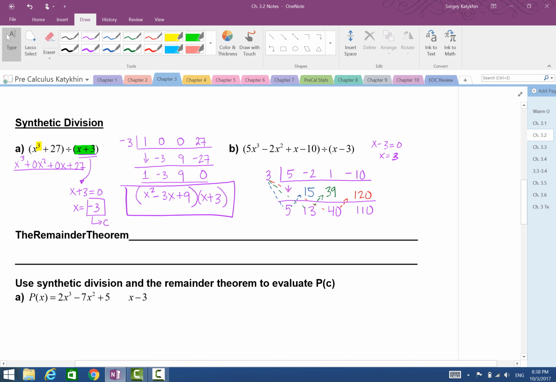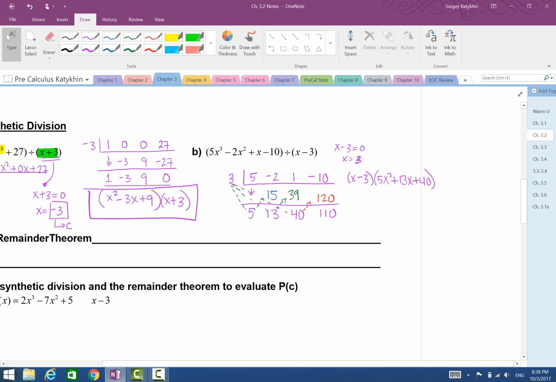So that creates a remainder, and we're going to go ahead and write our answer. Remember, this 5 is not going to be 5x to the third, it's going to be 5x squared, because it's going to be 1 degree less. So we start with our first factor, which is x minus 3, then multiply by 5x squared plus 13x plus 40. I'll close that parenthesis.